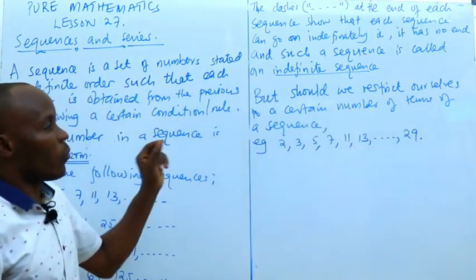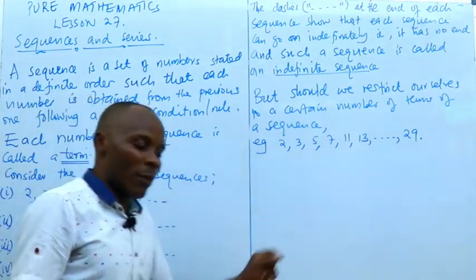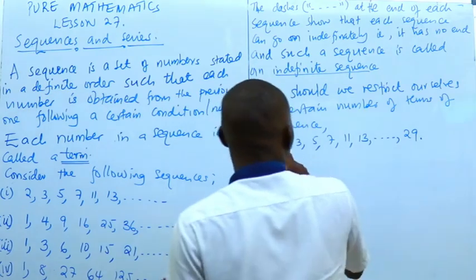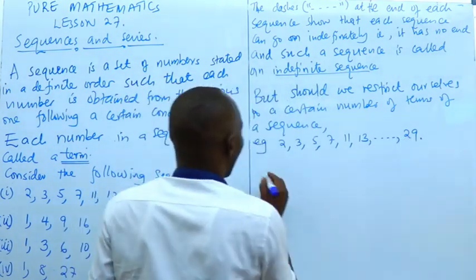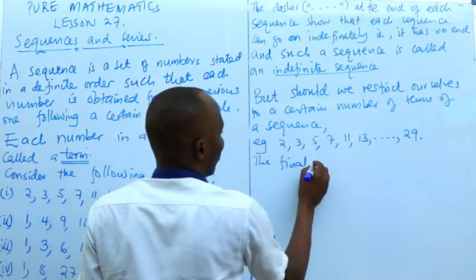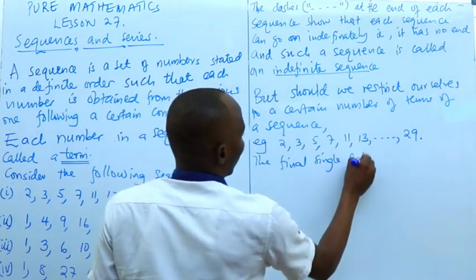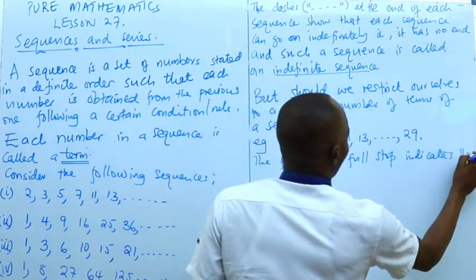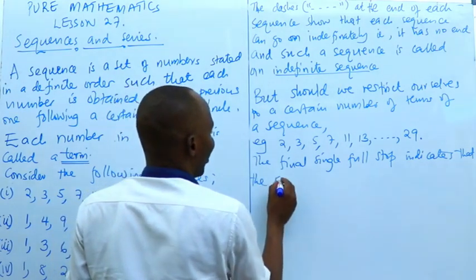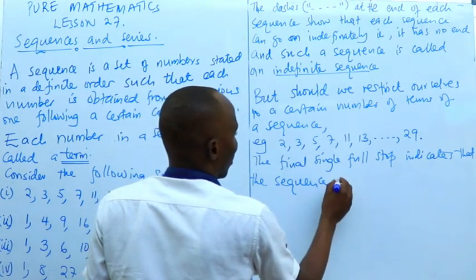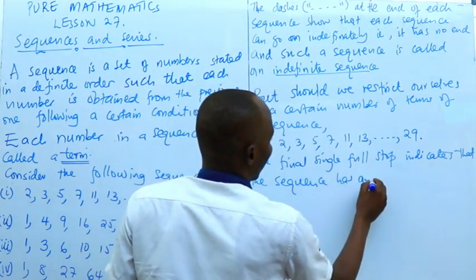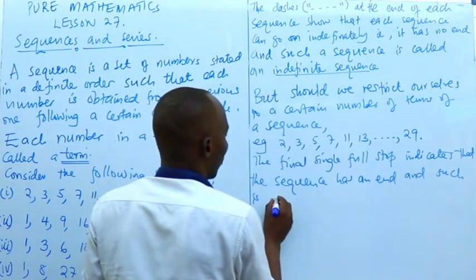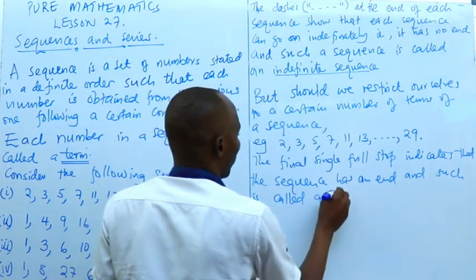If I wish to restrict myself up to a certain number of terms, and I've given an example of a sequence like this one, the final single full stop indicates that the sequence has an end, and such is called a finite sequence.